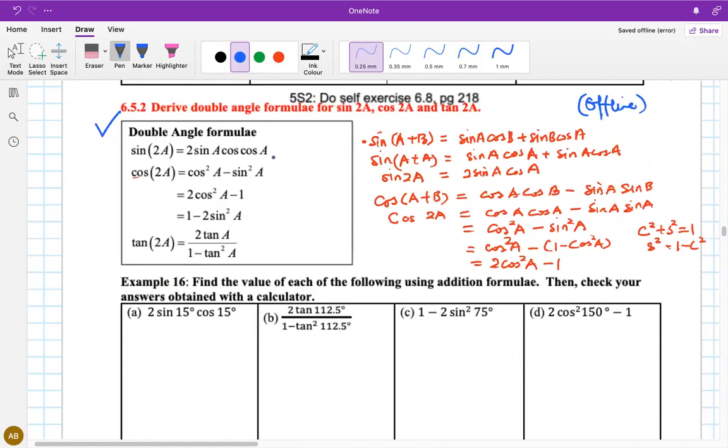This one you have to memorize. Memorizing is better. So there are 5 formulas here.